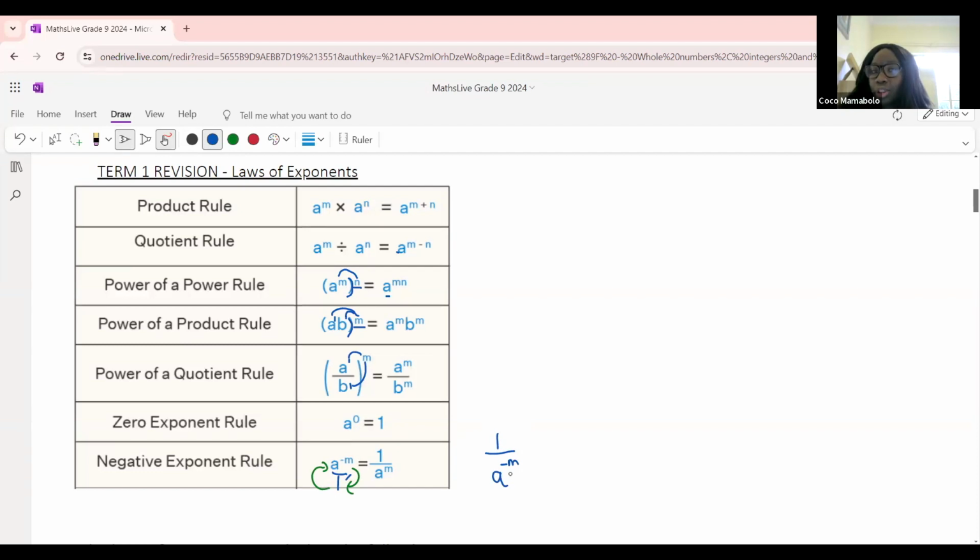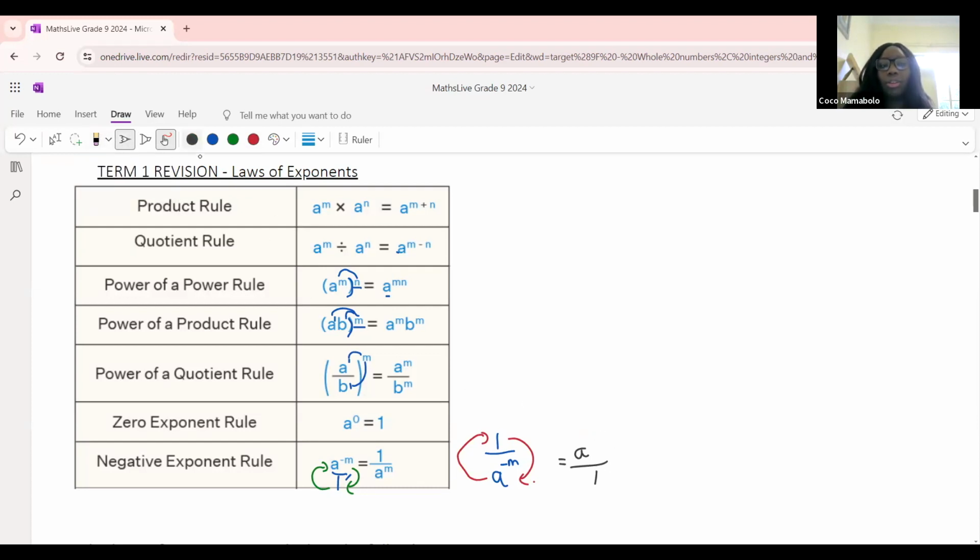Because this thing at the bottom has a negative exponent, I still need to flip it. So I must take that one to the top to give it a positive exponent and bring the 1 to the bottom. So we can do it going in both directions. It's not just one direction. This will equal a to the power of positive m over 1. My m looks a little skew here, let's fix it a little.